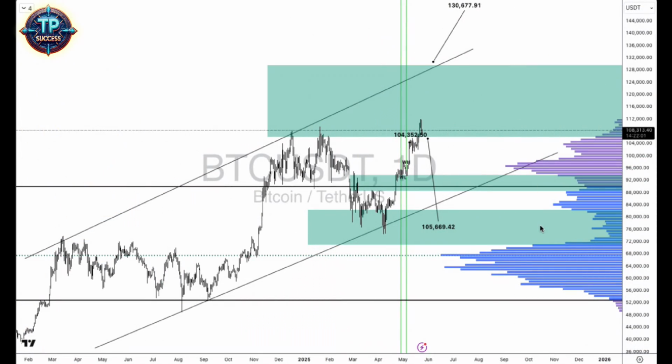Today, we're going to be talking about Bitcoin USDT, or BTC USDT. We're going to pick up from where we left off, because the last video that I did, I think we were looking at the pairing BTC XRP, or XRP BTC, something along those lines.